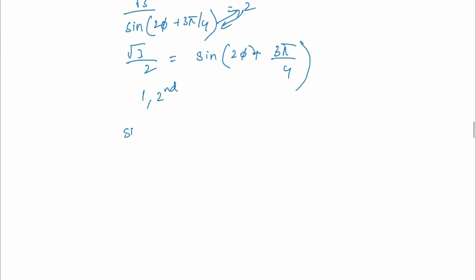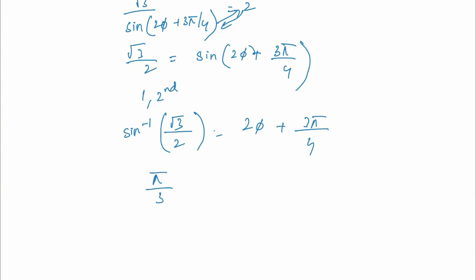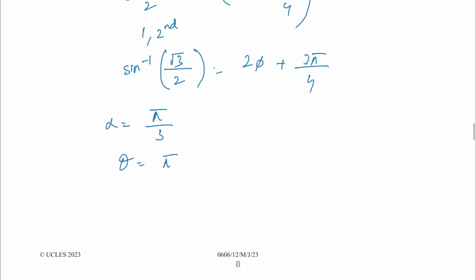Do make sure to keep this in mind. So this would be sine inverse of root 3 over 2 for 2 phi plus 3 pi by 4. Now we'll have our alpha as pi by 3. So our thetas would look like pi by 3, and pi subtracted by pi by 3. So we get our answer as 2 pi by 3.